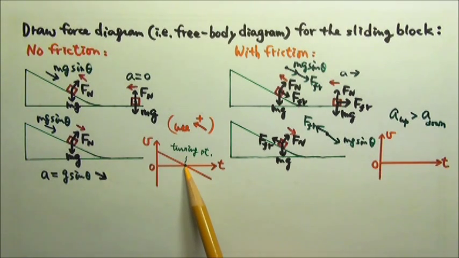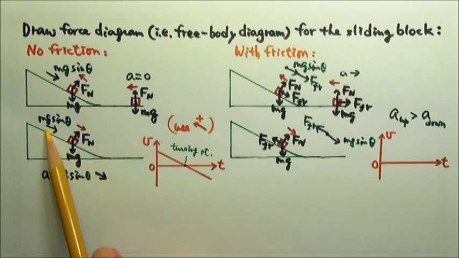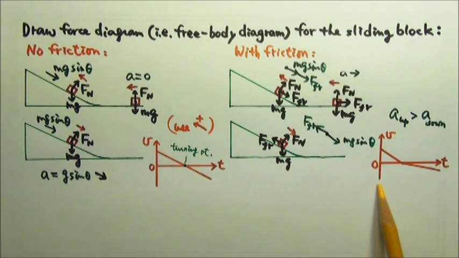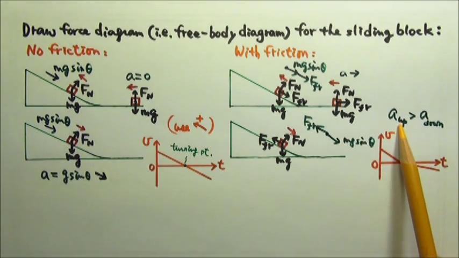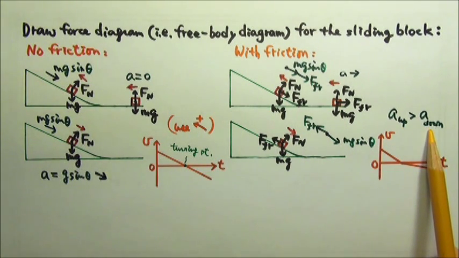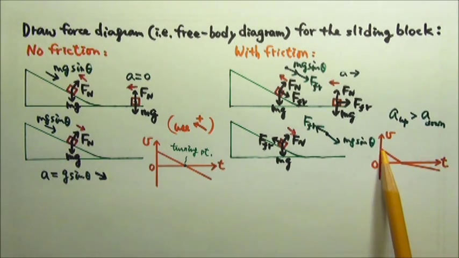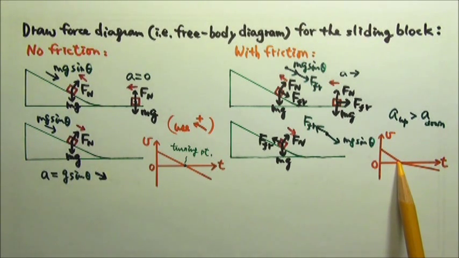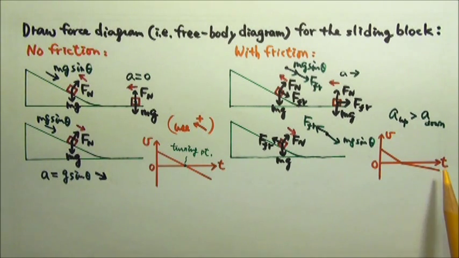And of course, this is the turning point when the velocity is 0, which means this is when the block is at the maximum height. For this graph, the acceleration when the block slides upward is bigger than the acceleration when it comes down. So the slope is higher when it's going up, slope is less when it's coming back down.